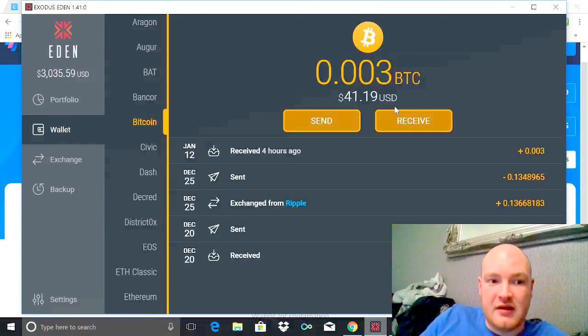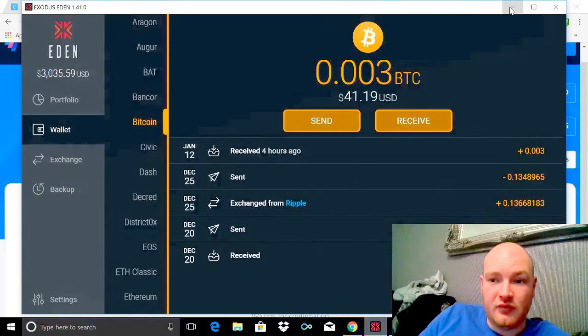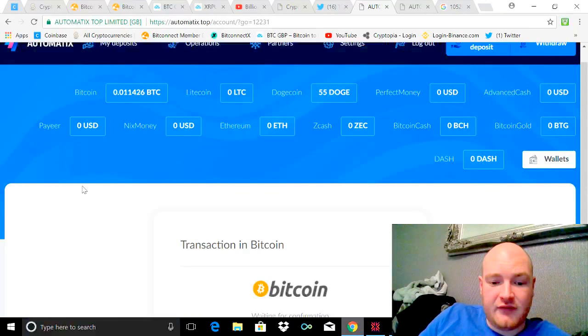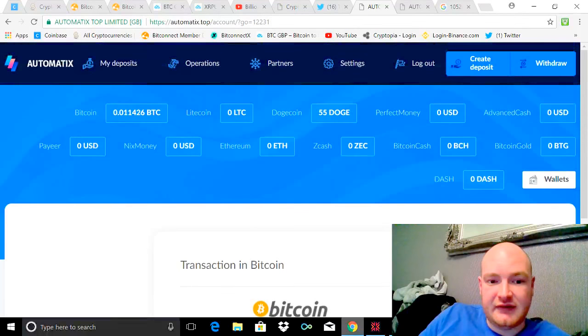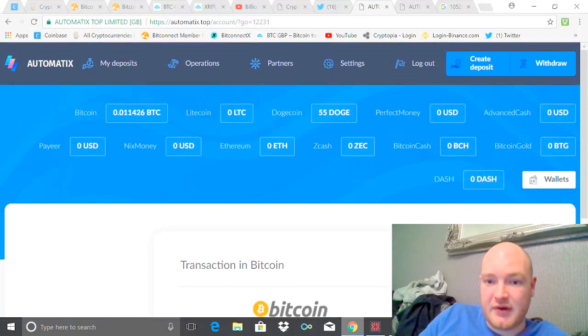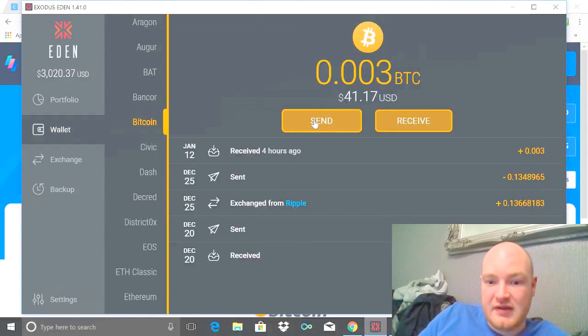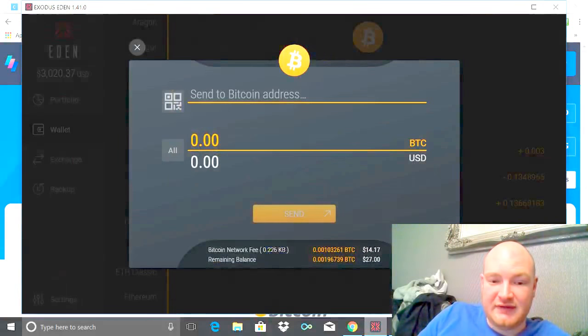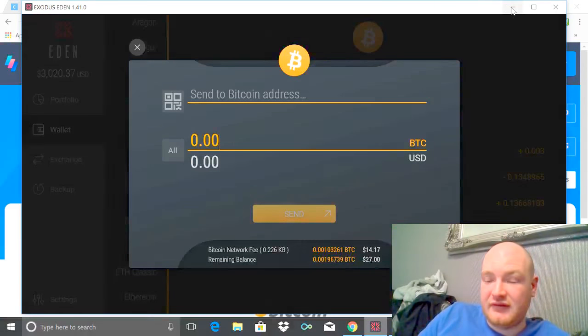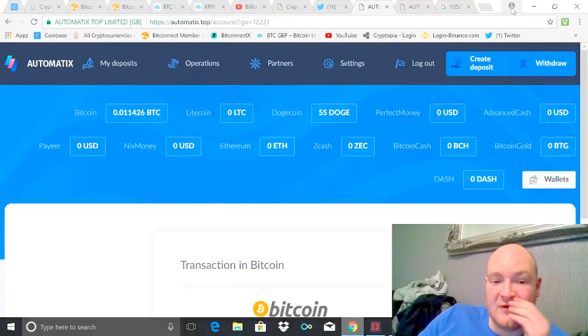There was no charges or fees to withdraw the BTC from my Automatix account, which I found brilliant. Now, for me to send this back to my Automatix account, it's going to roughly cost me $13 to send, $14 now, which isn't good at all. So that can sit in there just now.